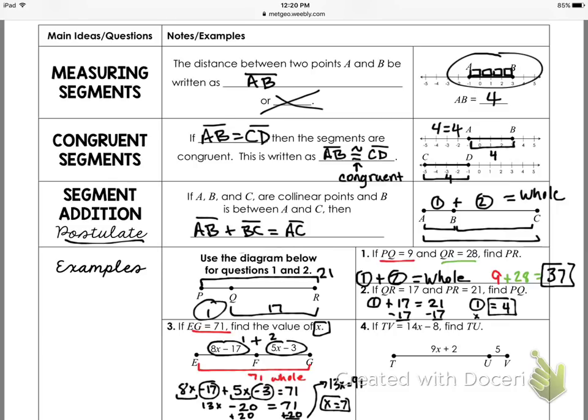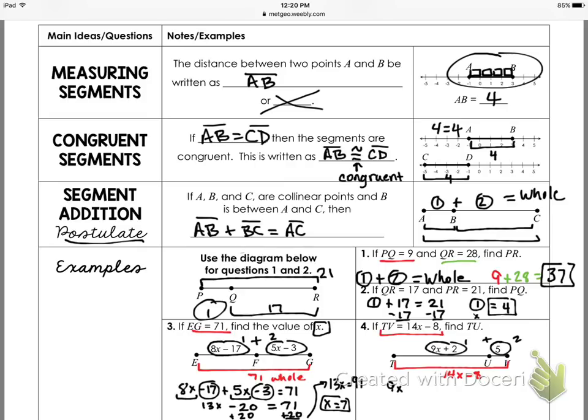So here, what information do we have? They say TV is 14x minus 8. And so we notice what? TV is the whole thing. So 14x minus 8 is the whole. This is part 1, 5 is part 2, and all that added together is equal to our 14x minus 8.